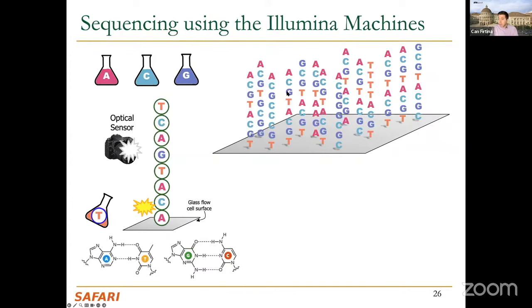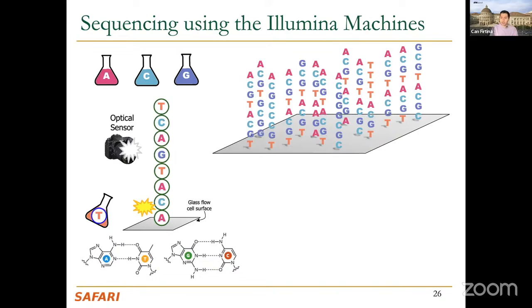In reality, there are many copies of the same DNA attached to nearby positions, in the same cluster, and many ACTGs in free form floating around. They are binding to the next available position in the DNA, and we're continuously taking pictures to generate images of this process.